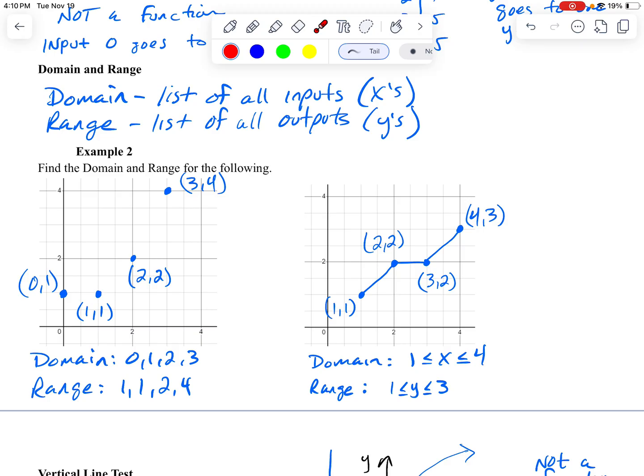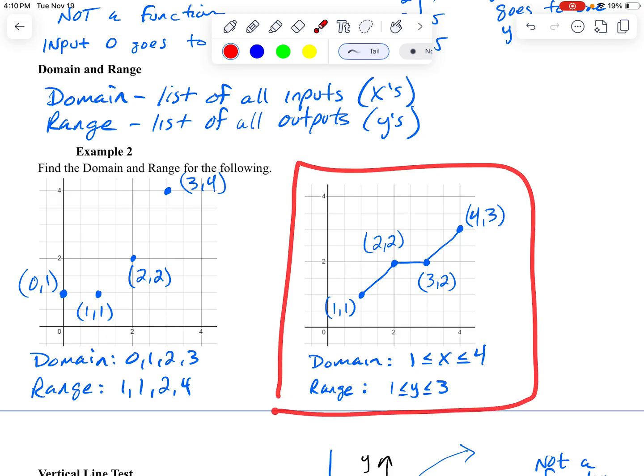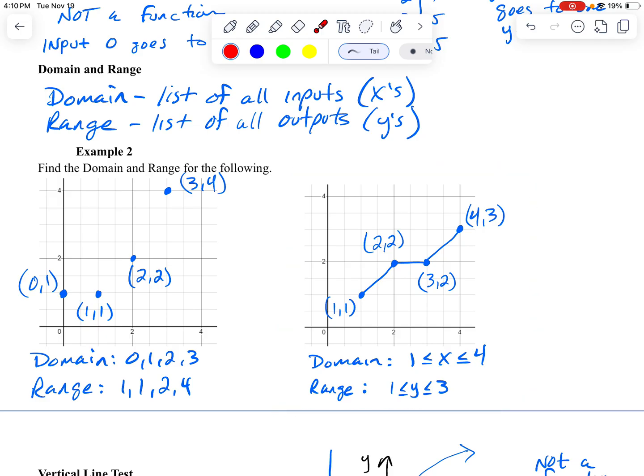Same thing over here, but now we have our domain as an interval, because if the domain is all x values, this is a line connecting it, so we have to think about all of the x values that are along this line as well. Remember, x is just left to right.